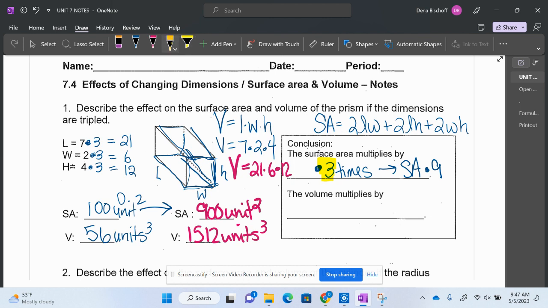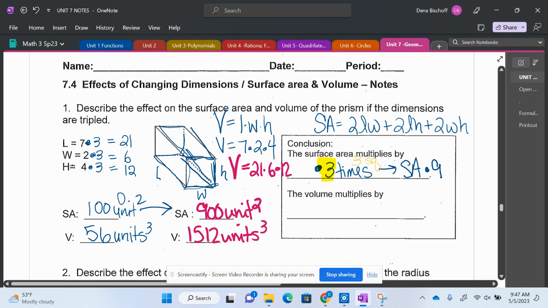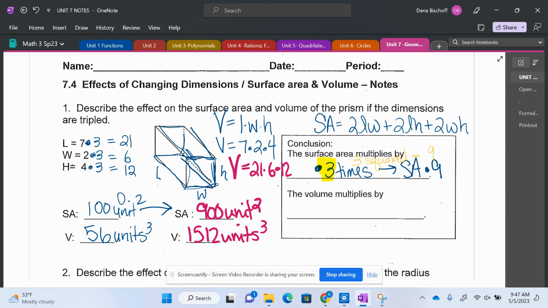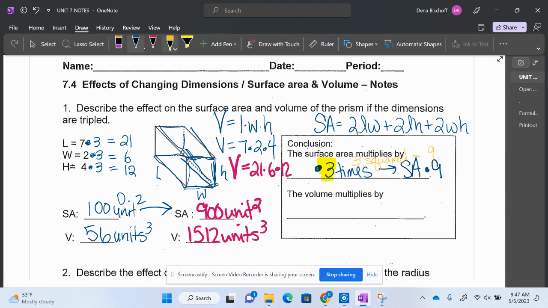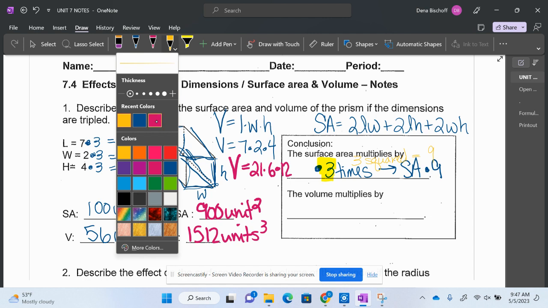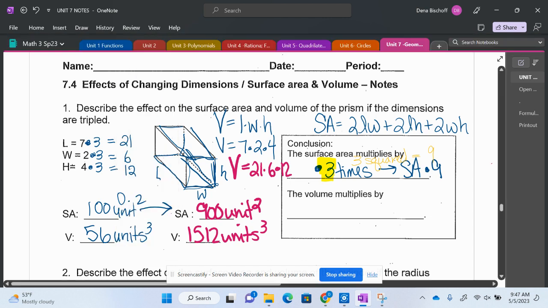So 3 squared equals 9. Using that same idea, what do you think is going to happen to the volume when we multiply the dimensions by 3?